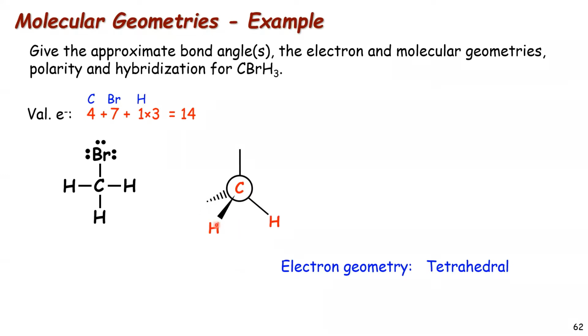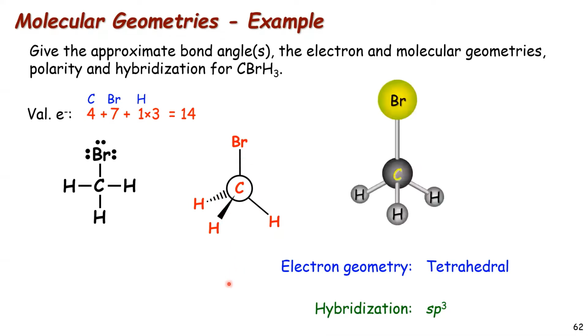I'm going to make these 3 the hydrogen and then put the bromine up here. For the hybridization, 1, 2, 3, 4 regions of electron density, so we're going to need 1 s and all 3 p. So this is going to be sp3 hybridized, or 4 sp3 hybridized molecular orbitals. So that molecule is going to look like this.